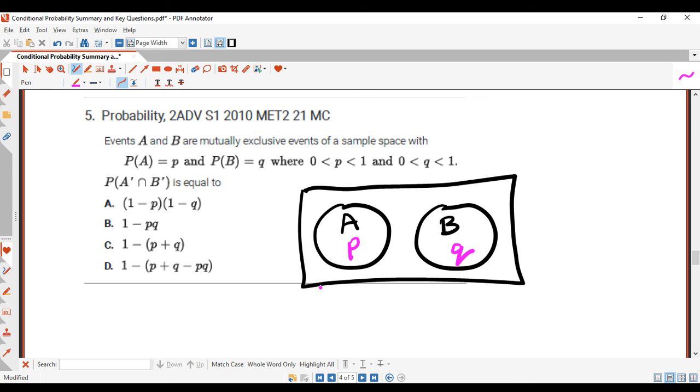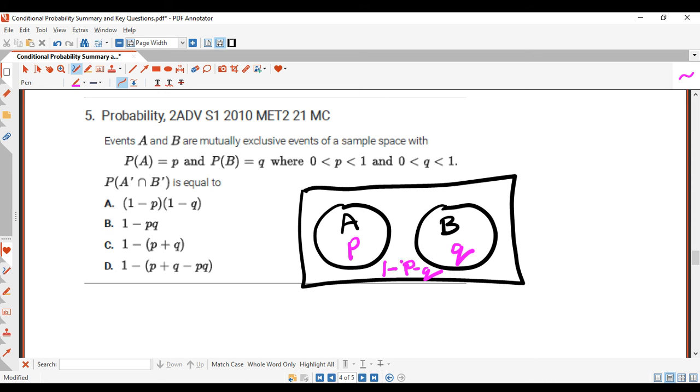Now, we know that for probability, the sum of all the probabilities has to be 1. Okay, so that means the outside of A and B must be 1 minus P minus Q. Okay, because when I add up all the probabilities in this Venn diagram, I should get 1.